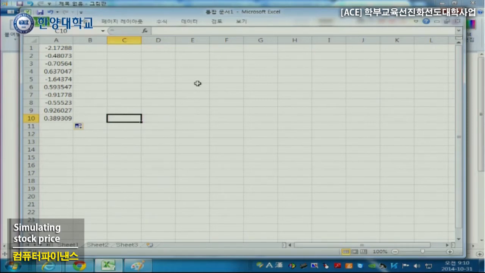Stock price basically looks like this. Let's say current stock price is S0. I'll explain the formula first.